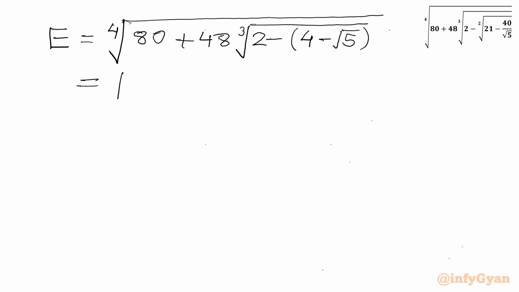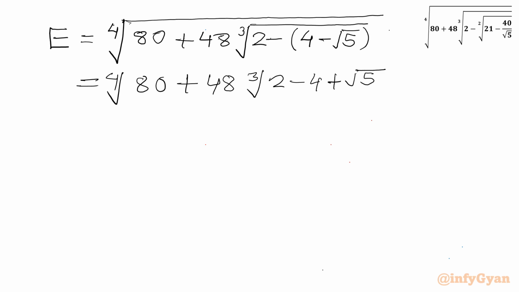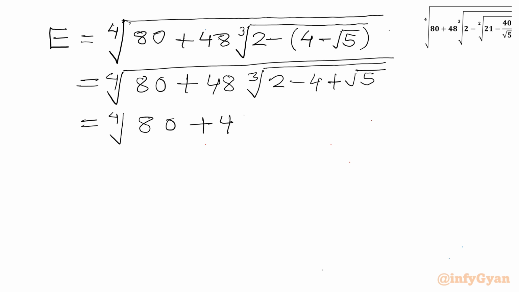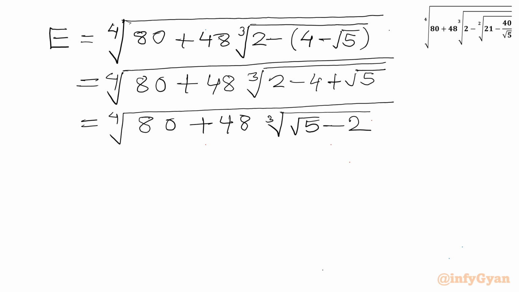So further I can write the fourth root of 80 plus 48 cube root of 2 minus 4 plus root 5. So I can write further the fourth root of 80 plus 48 cube root of root 5 minus 2. Now we have to calculate the cube root of square root 5 minus 2.